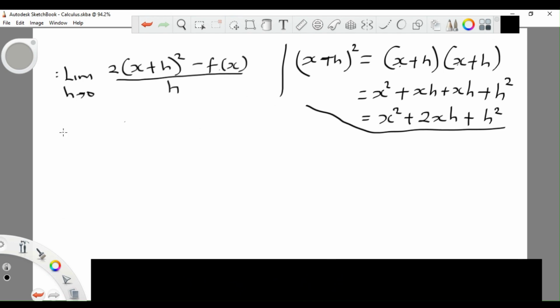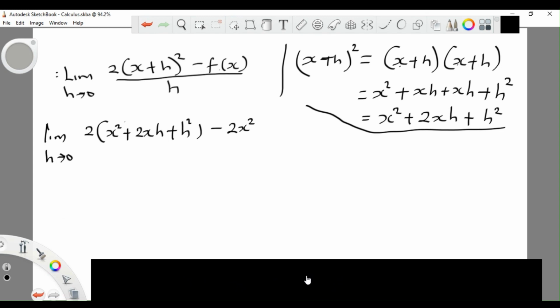So I will replace this with this. So therefore, we have our limit as h tends to 0 is equal to 2 open brackets, this is this. So we have x squared plus 2xh plus h squared minus f of x, which is the same as saying 2x squared.